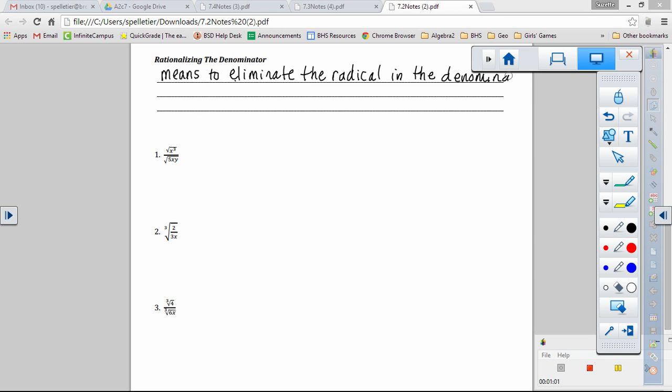It's okay to have a radical in the numerator. Whoops. You just can't have a radical in the denominator. Okay, so it means to eliminate the radical in the denominator.